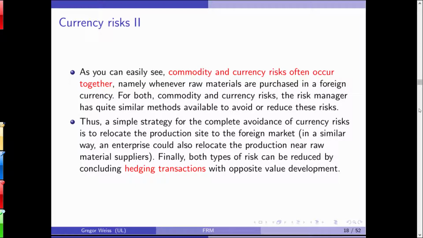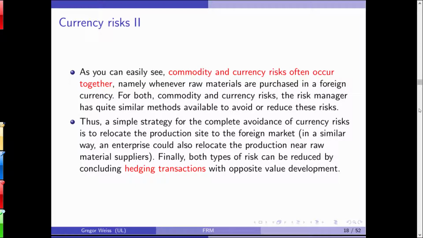If you trade in foreign currency denominated bonds or stocks, same thing, but especially with commodities, this is the case. So many times the risk manager will hedge against the currency risk, and he or she will face some of the commodity price risk because they are usually interested in taking some of this risk. A simple strategy then might be to shift and move production.